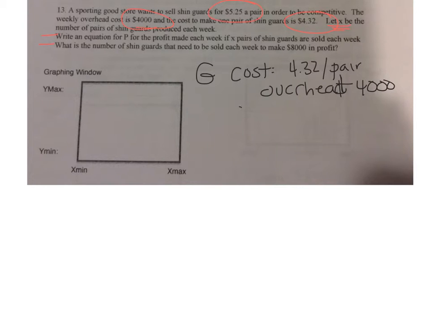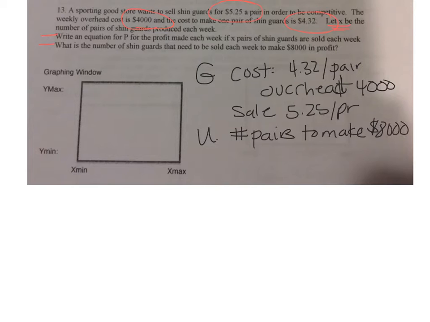And also that the sale price is $5.25 per pair. The unknown is the number of pairs to make a profit of $8,000, where X is the number of pairs sold in a week.